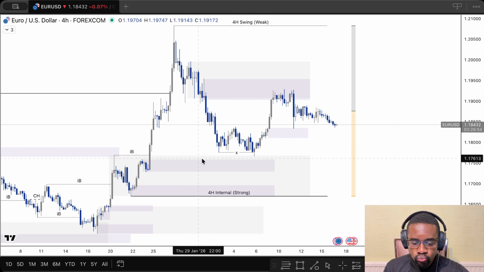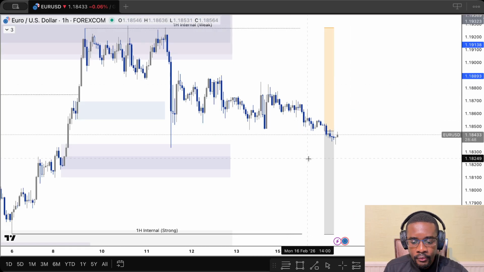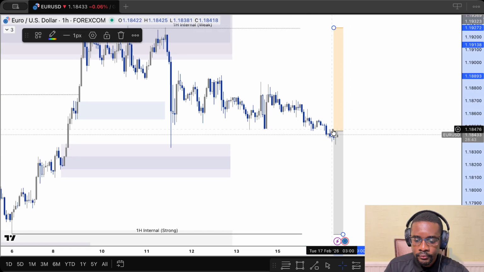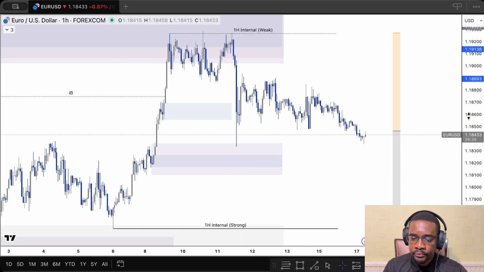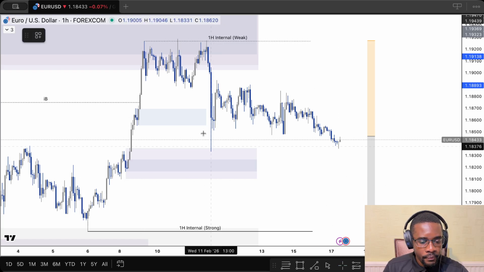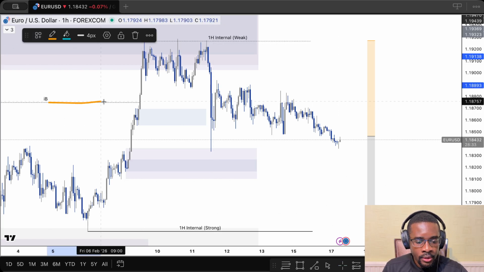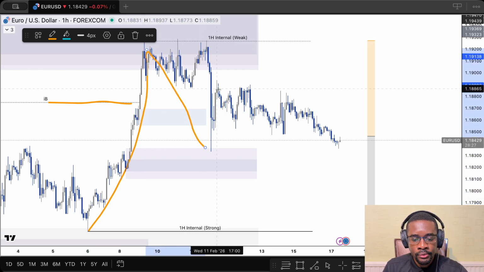So this is what I'm anticipating. And then looking at the 1 hour, we have our internal break of structure, bullish, and then sub-internal has been starting to pull back.